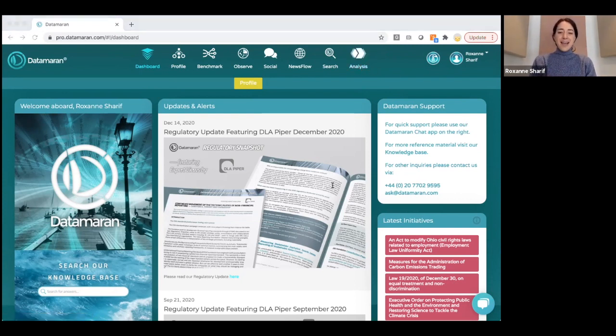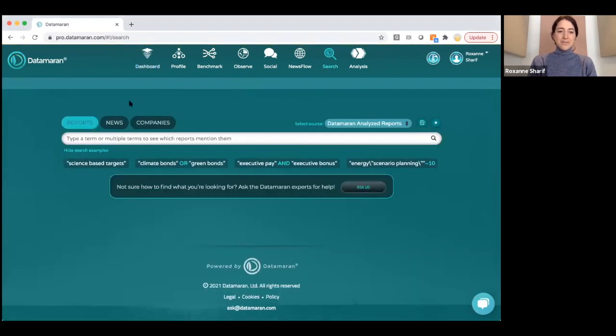But before we do that, we thought it would be a fun and interesting exercise to see what companies are already talking about double materiality. And in order to do that, I'm going to navigate to our search module. And as you can see here, I'm going to search all corporate reports for the terms double and dual materiality.